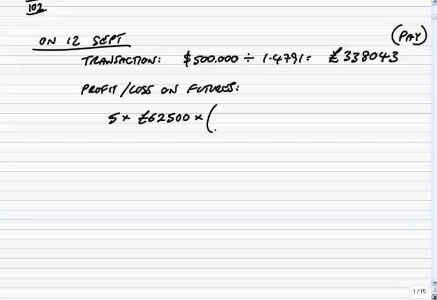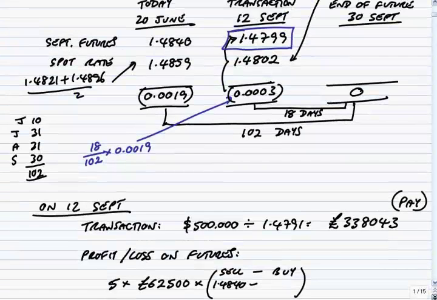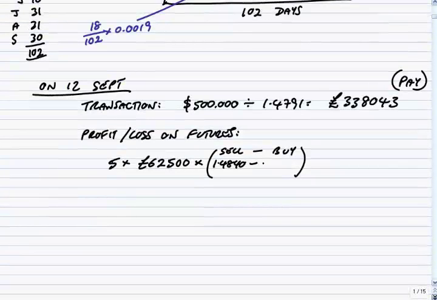And to get the profit or loss on each pound, we take the sell price minus the buy price. Now this time, remember, we started the deal by selling on the 20th of June. And on the 20th of June, we were selling at a price of 1.4840. To finish the deal, we buy the futures on the 12th of September. And on the 12th of September, it's 1.4799.